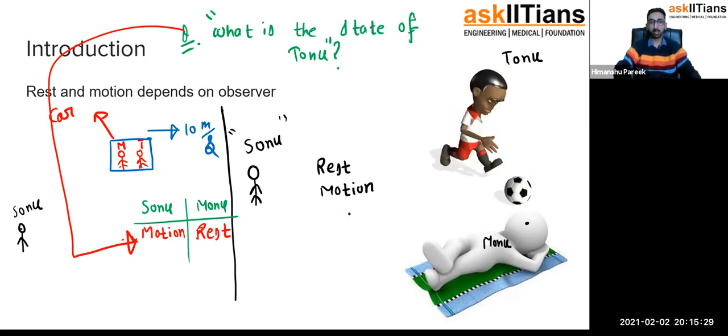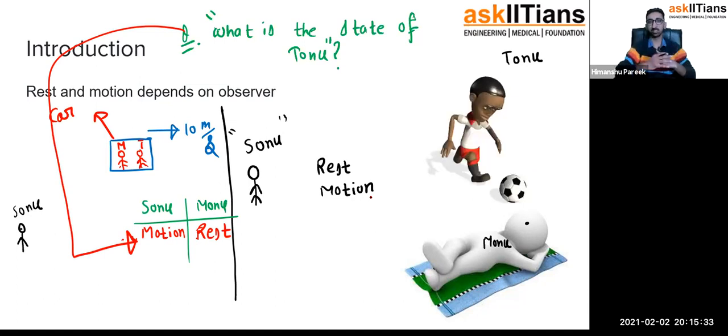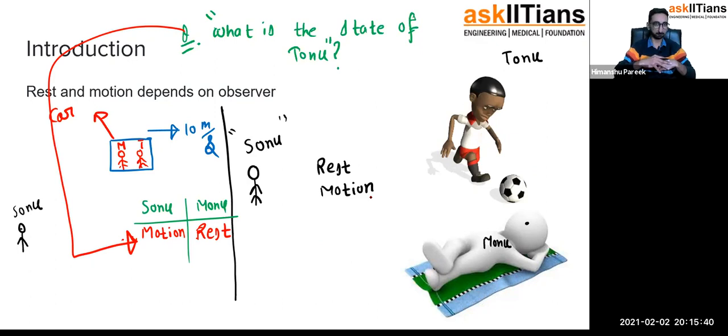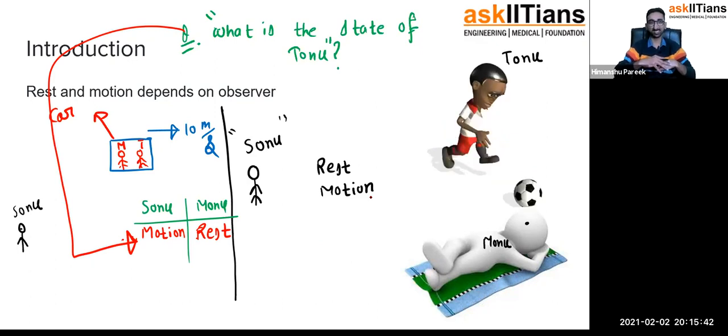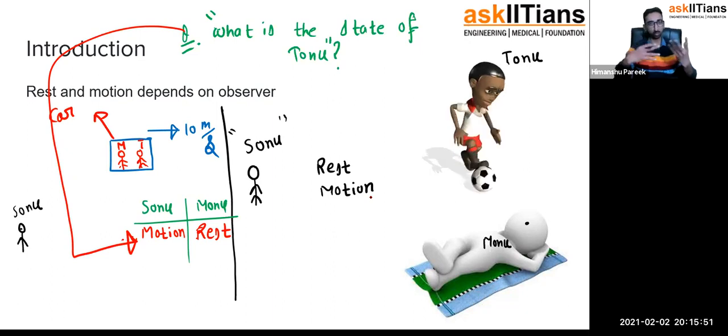Now, Sonu and Monu both are your good friends. You know them very well. So you won't be thinking about who is lying. Both are your good friends, so you believe that they are telling you the right answer. You are sitting somewhere else. You don't know what is happening here.